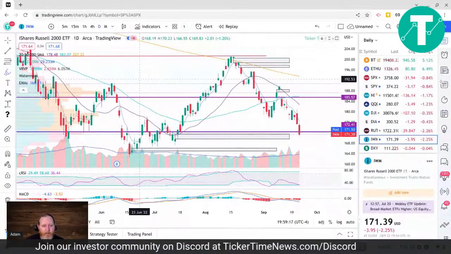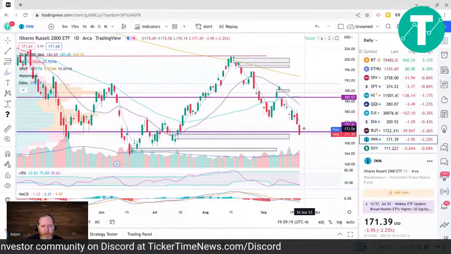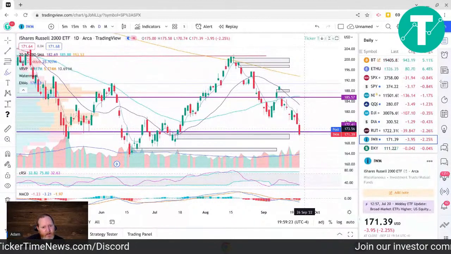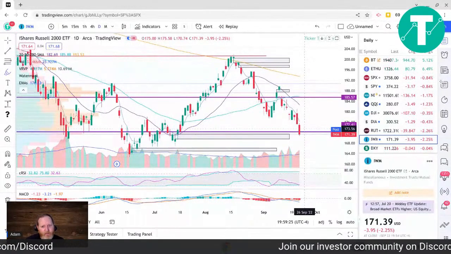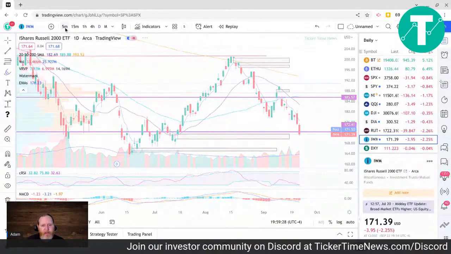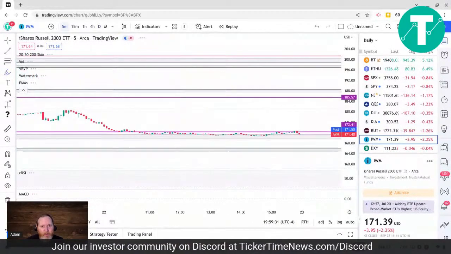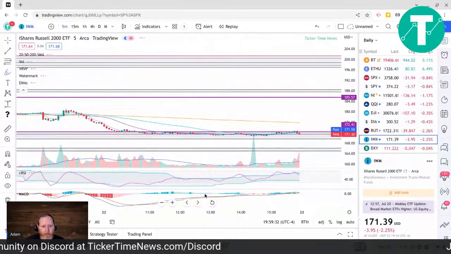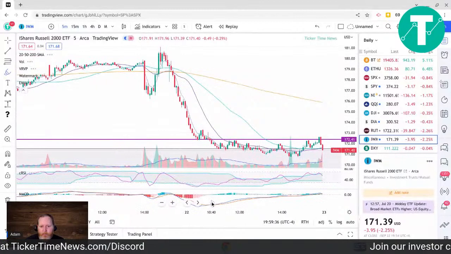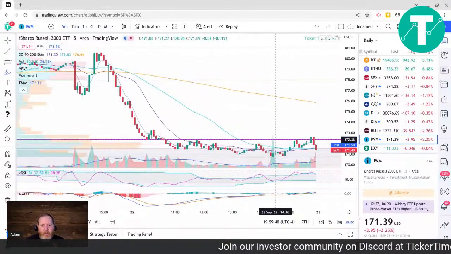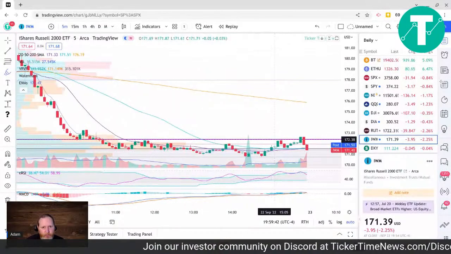But I want to point out the RSI. It closed today with an RSI of 32, so still not quite under 30, which leads me to believe that the IWM, your small caps, at least could have more downside. So I feel a little more safe with the S&P 500 and the NASDAQ than I do with small caps right this moment in time.